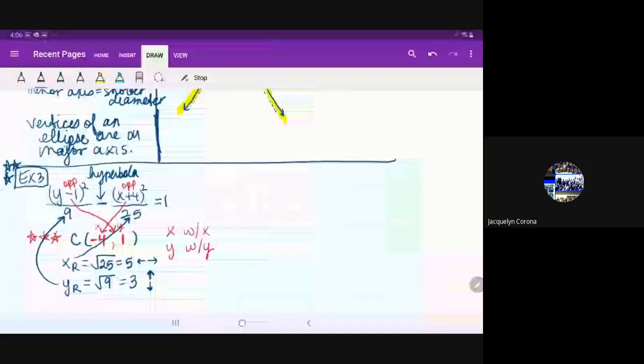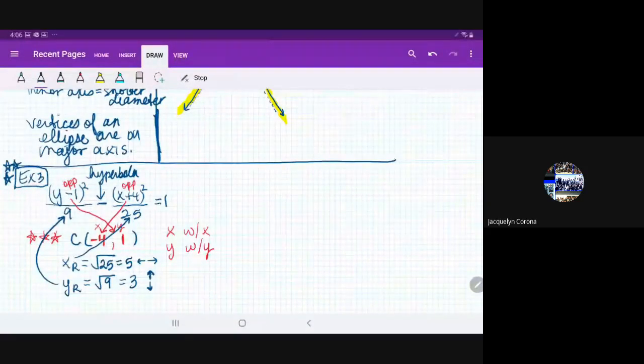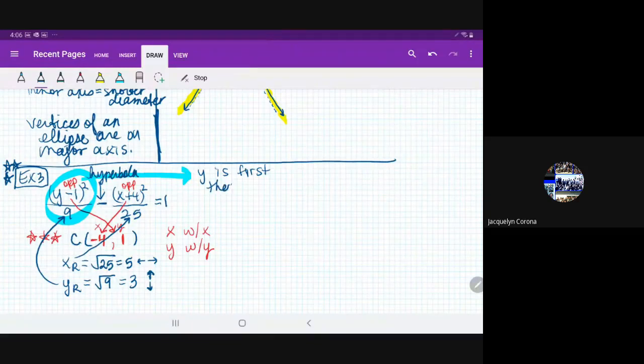So your box is going to be in a different position. And then also when you draw those, you know, the highlighted branches in, the yellows or the blues that I was showing you, whether it's an up-down hyperbola or a left-right hyperbola will be different too. So I'm going to circle this right here and draw a little arrow. Since y is first, and y is an up-down thing, then it's an up and down hyperbola.